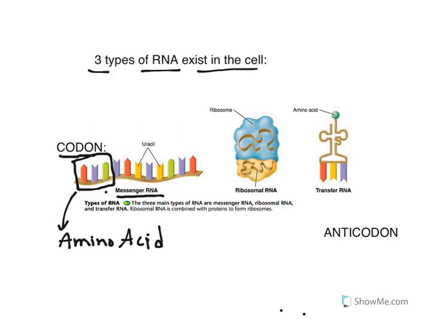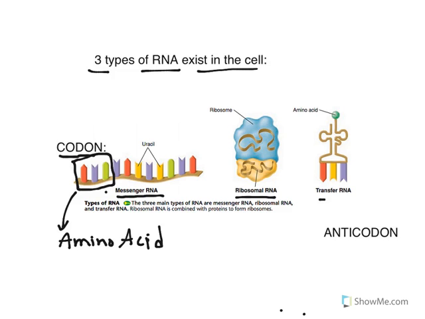The other type of RNA is going to be ribosomal RNA, represented by rRNA. Ribosomal RNA is going to make up the ribosome and assist in the translation process.